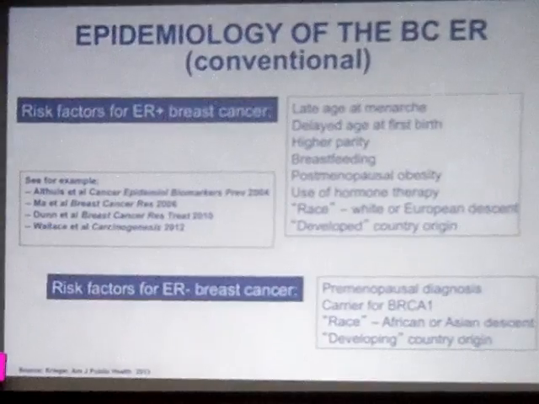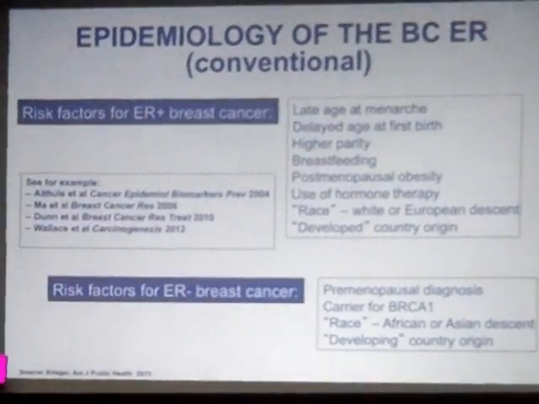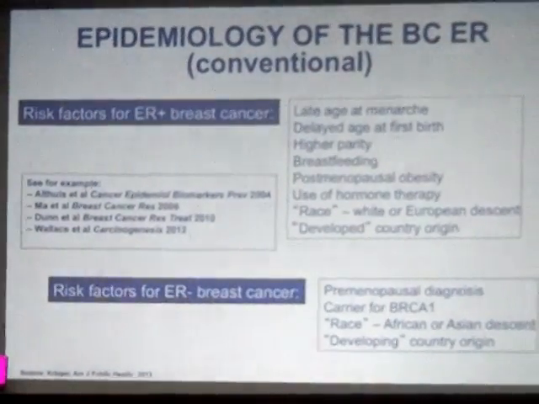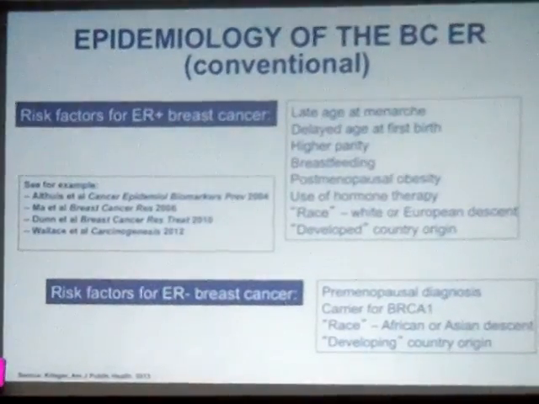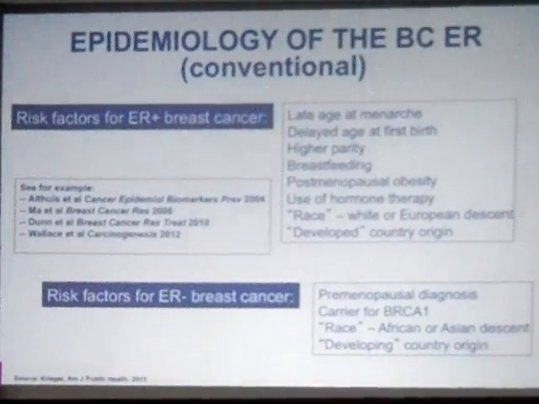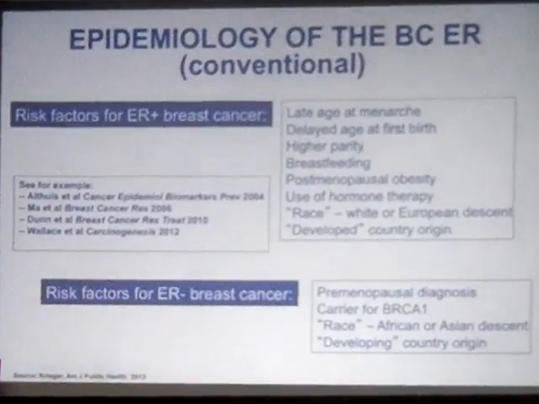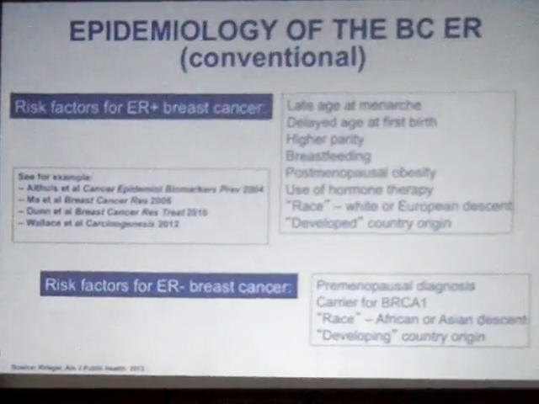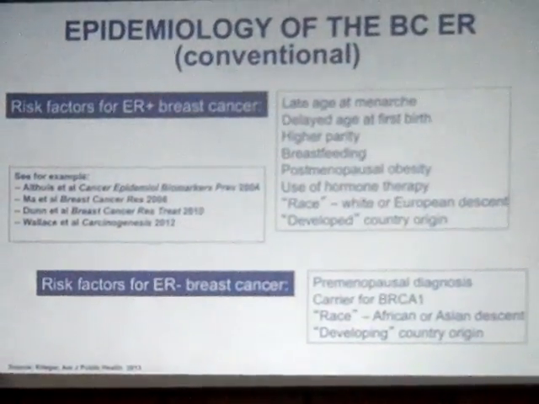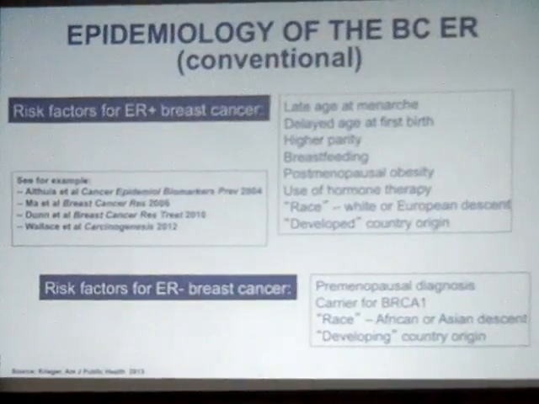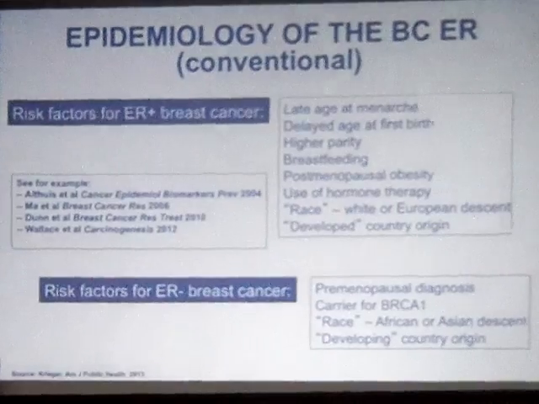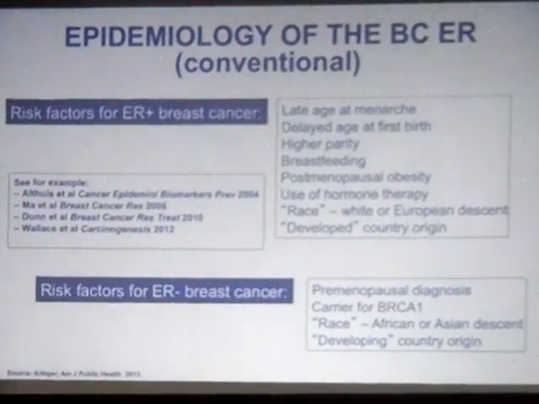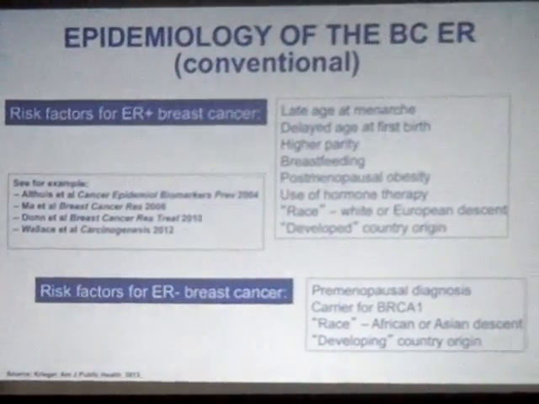Identified risk factors for ER-positive tumors are stated to be late age at menarche, delayed age at first birth, higher parity, breastfeeding, postmenopausal obesity, and use of hormone therapy, especially estrogen plus progestin. For ER-negative tumors, they are premenopausal or younger age diagnosis, and also being a carrier for BRCA1, which is a harmful mutation of the breast cancer susceptibility gene 1.